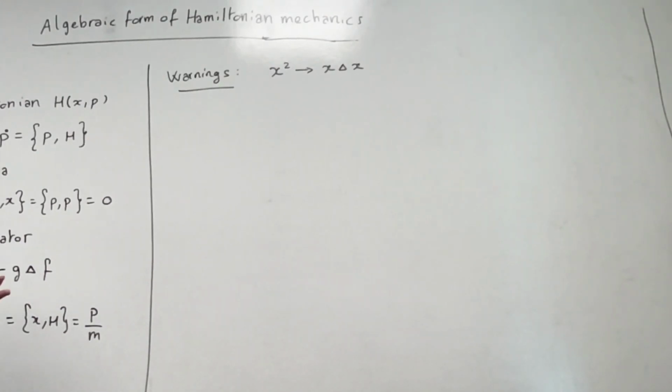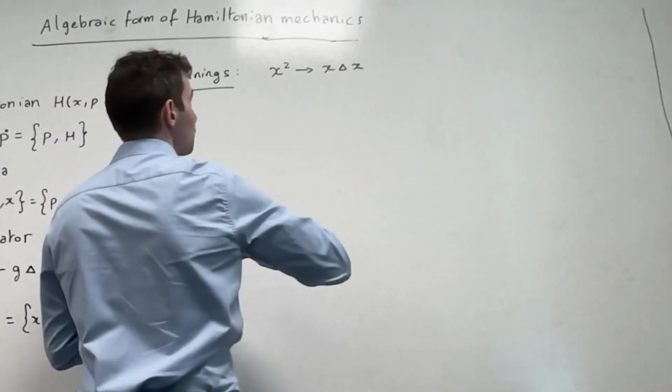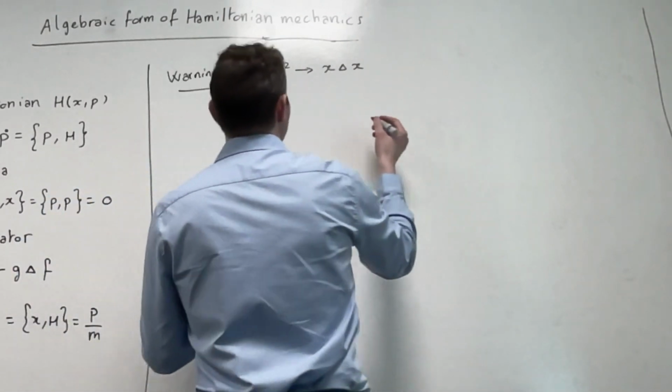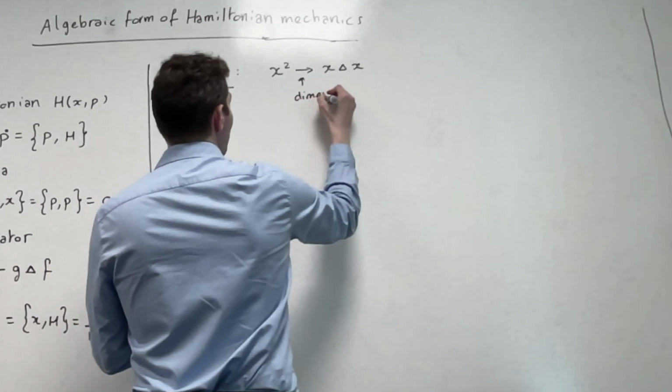As it turns out, the product of x and p has the dimension of an action. And so basically you can't necessarily translate into that. If you just convert like this, there is a dimensional problem.